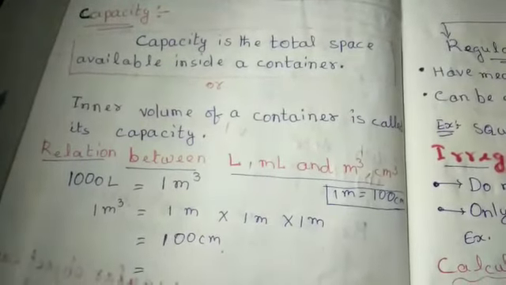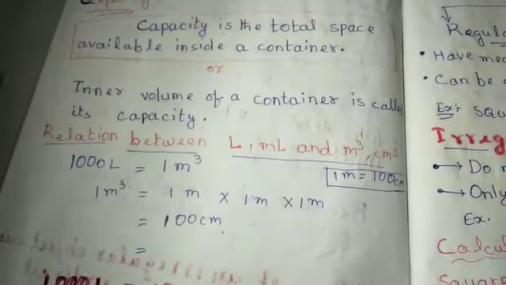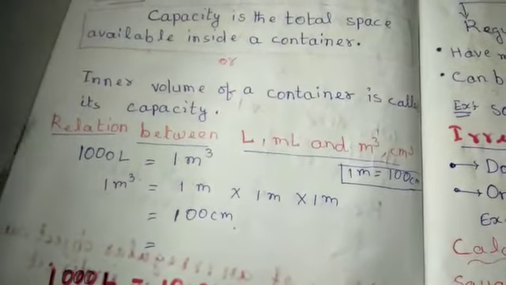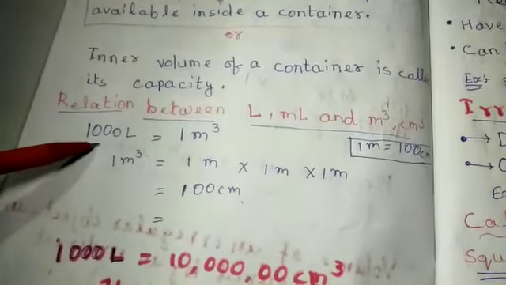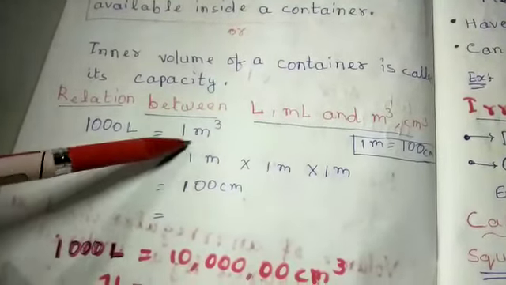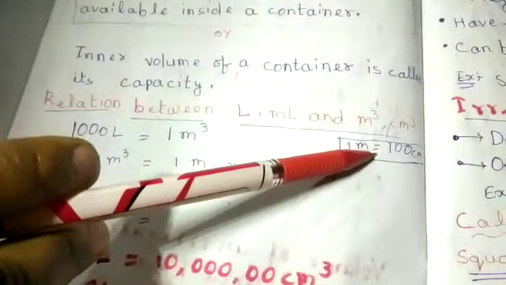Now we discuss the relations between liter, milliliter and meter cube. 1000 liter equals 1 meter cube. We know that 1 meter equals 100 cm.